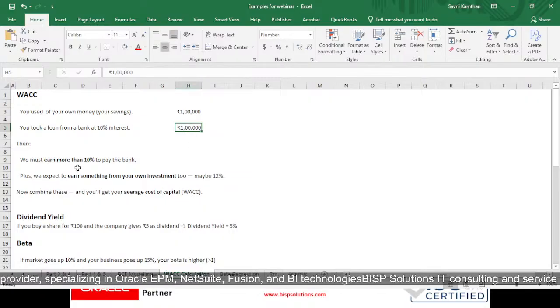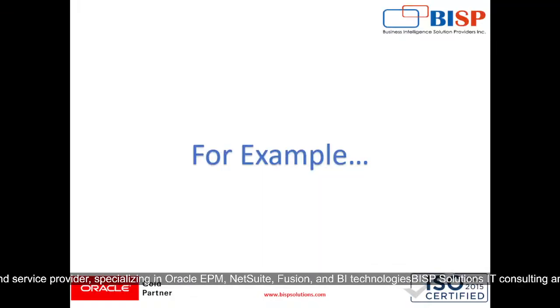Then we must earn more than 10% to pay the bank, plus we expect to earn something from our own investment too. Maybe we can expect 12%, because 10% we are giving to the bank, so we have to increase it to 12%. Now combining these, we get our average cost of capital. So this is what our WACC means.